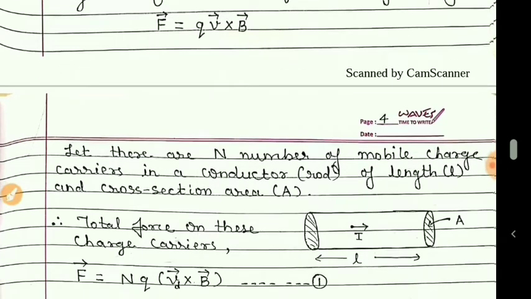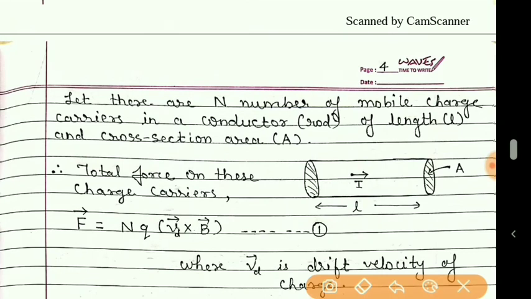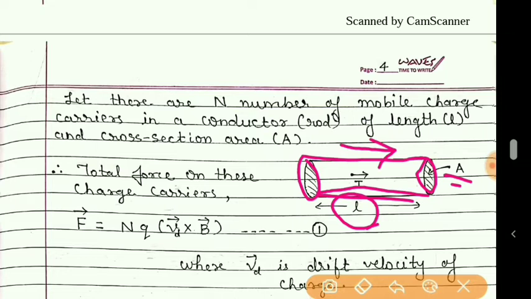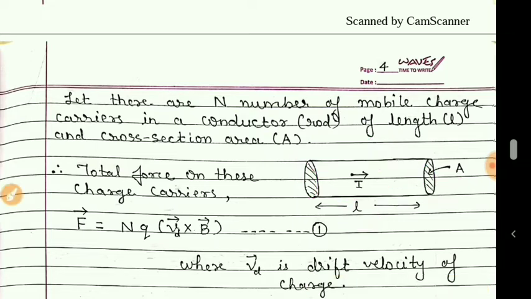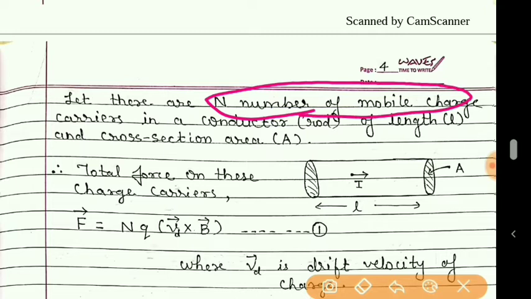Now consider a conductor whose cross sectional area is A and its length is small l, and current is moving in the conductor. Suppose in this conductor there are n number of mobile charge carriers.